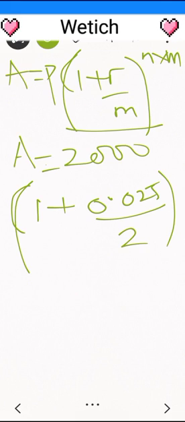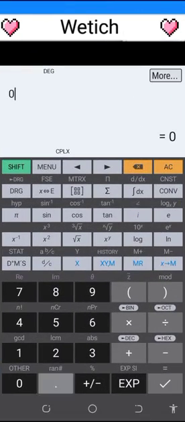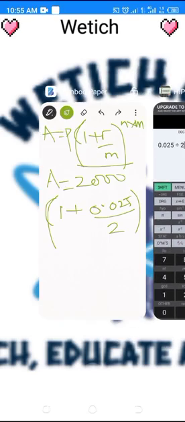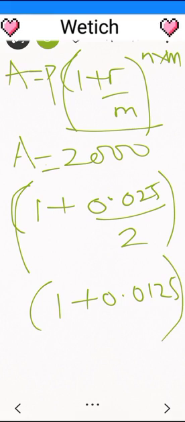Now the next stage is to solve for this division. Going back to our calculator, 0.025 divided by 2 gives us 0.0125. So at this point, we have 1 plus 0.0125.